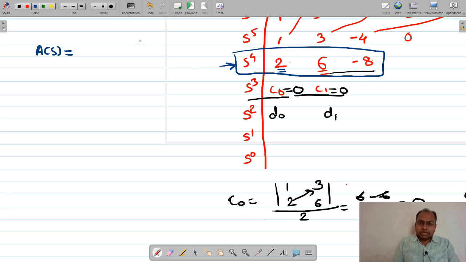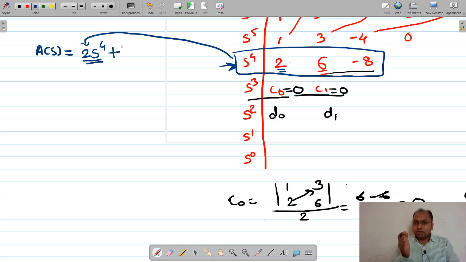Okay, so let us create this equation from this particular row now, and that is nothing but my auxiliary equation. So 2 into s raised to 4, because this is the s raised to 4 row, right? So the coefficient will be multiplied with s raised to 4, plus we used to skip alternate elements, right? So because of that, the 6 will be multiplied with s square, not s.